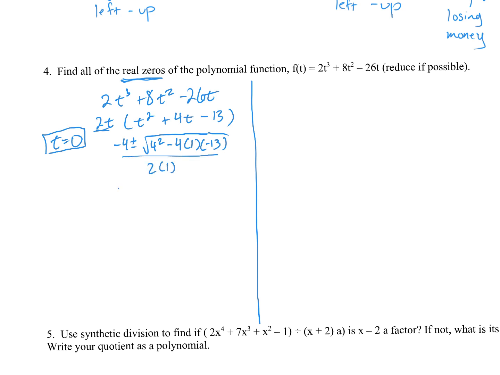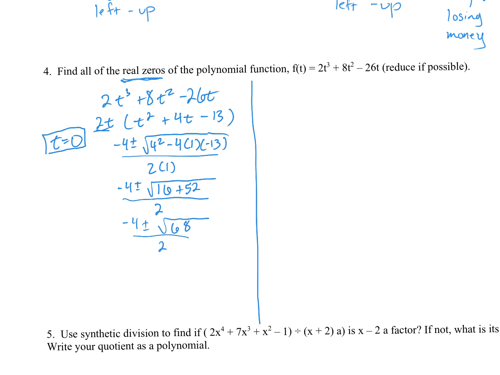So that is negative 4 plus or minus the square root of 16. 4 times 13 is, let me get my calculator here, 52. So plus 52.